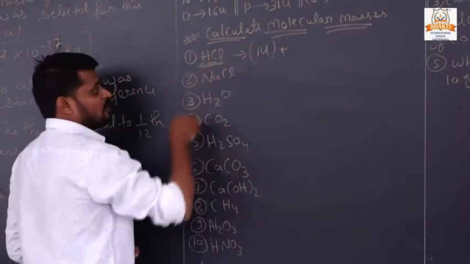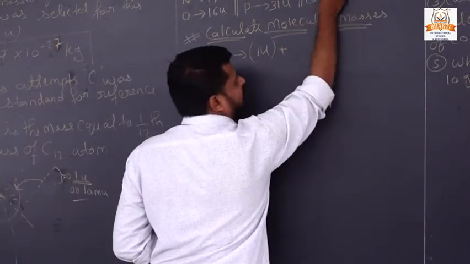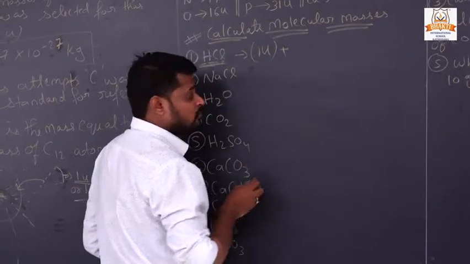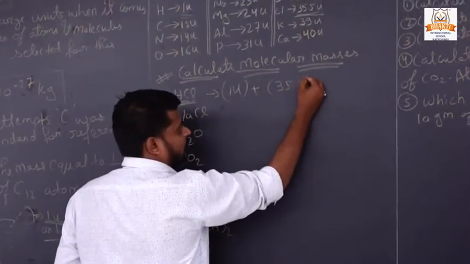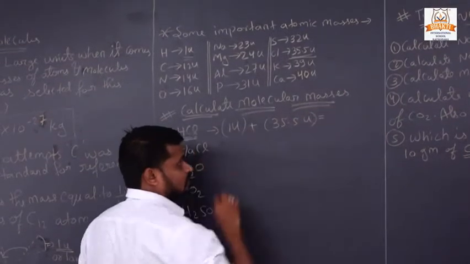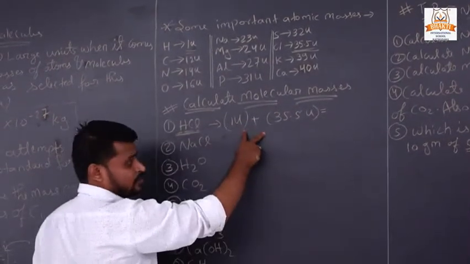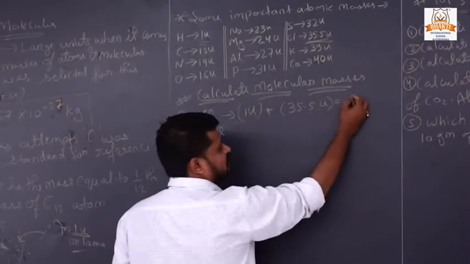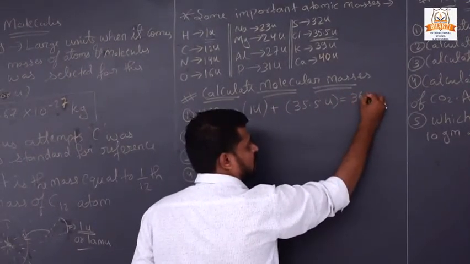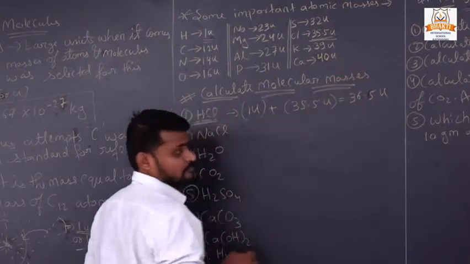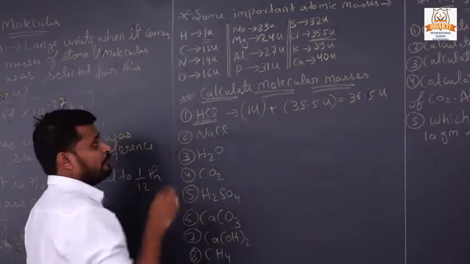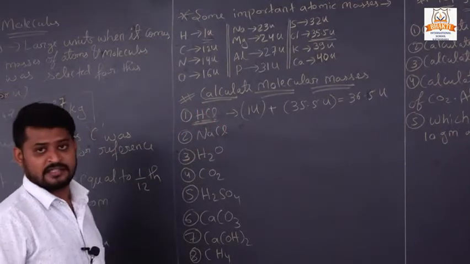What is the molecular mass of chlorine? 35.5 unified mass. Then we add these two elements. 1 plus 35.5 means 36.5 unified mass. So like this we have to find all the molecular masses.